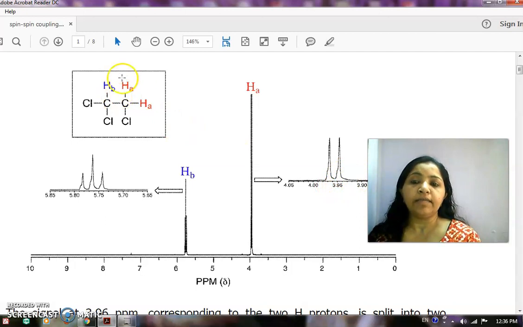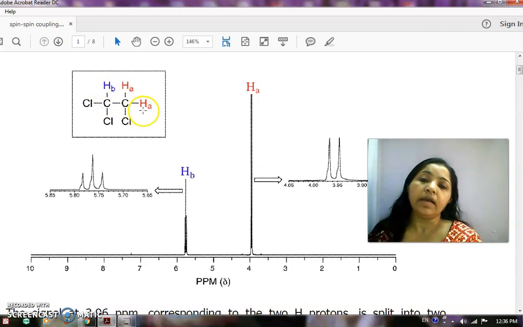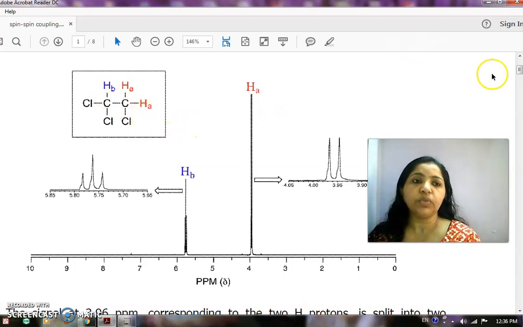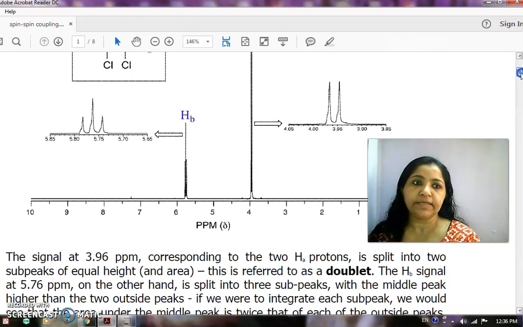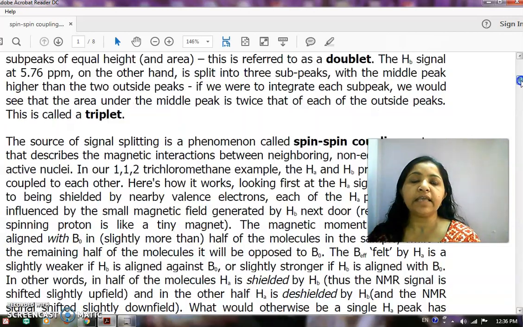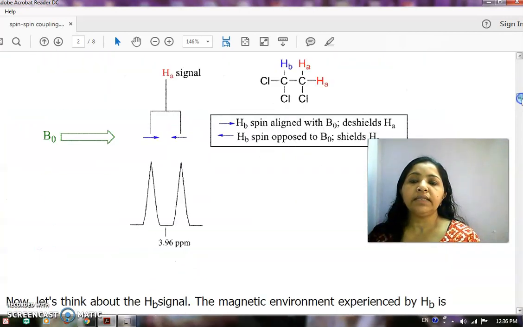The magnetic moment of HB will be either aligning or it can also be opposing. Since there are two types of combination, there will be two doublets. Here it is aligning with the applied magnetic field, and it is deshielded, whereas it is opposing the applied magnetic field and it is shielded, meaning it shields the HA.